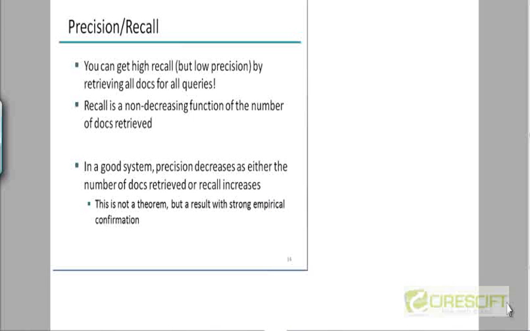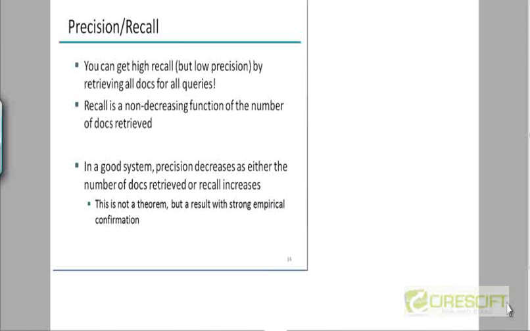And as you are looking at 20 documents, 30 documents, 40 documents, and so on, your precision will be going down in general from that high value, which will hopefully be at least 80 to 90%, and then going all the way down to 0.01% or whatever the final value is.